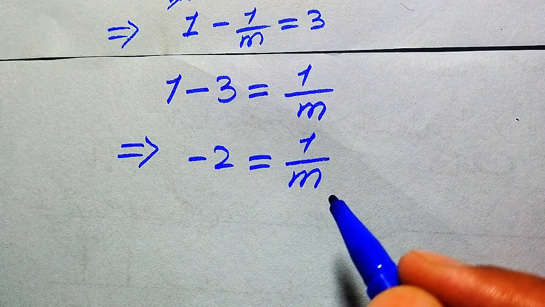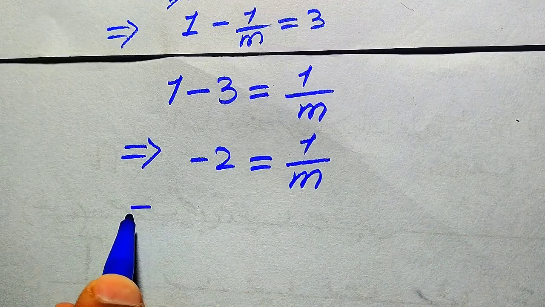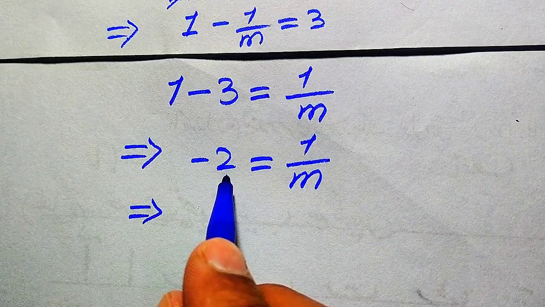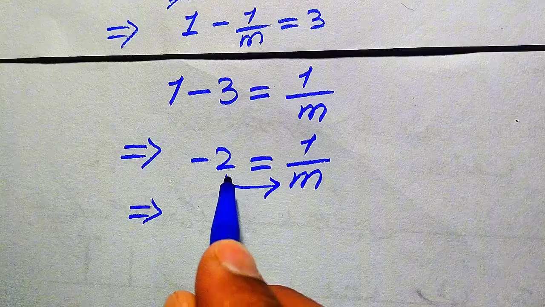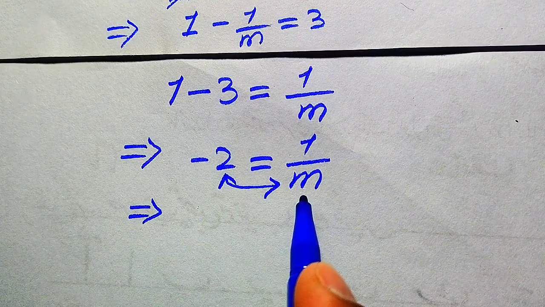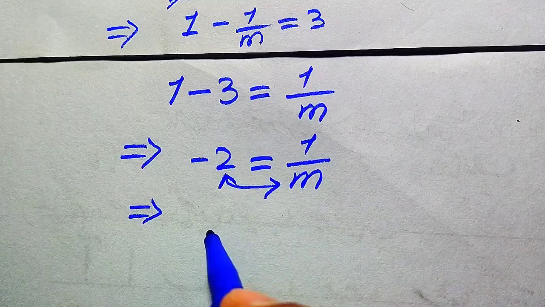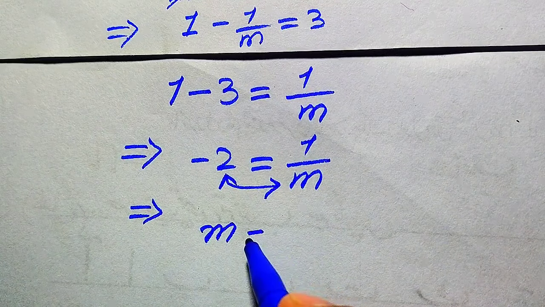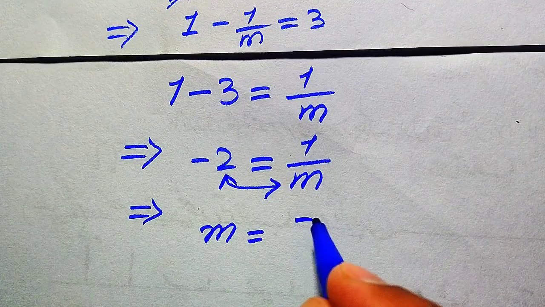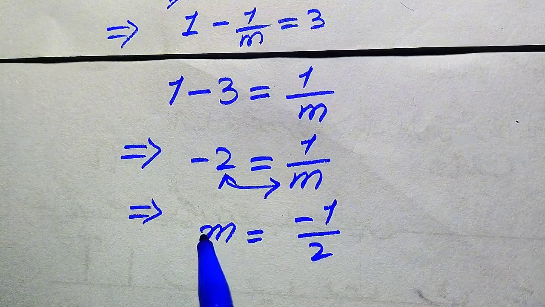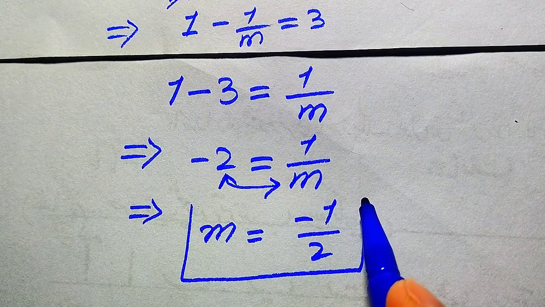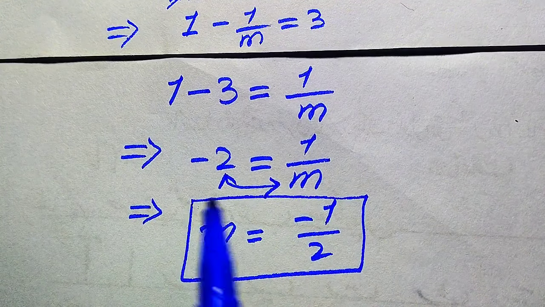And because our target is to find the value of m, that's why we need to interchange these two values. So we move minus 2 in the place of m, and we move m in the place of minus 2. After interchanging these two values, we get m equals minus 1 over 2. So this is the one root which we get in the second method.